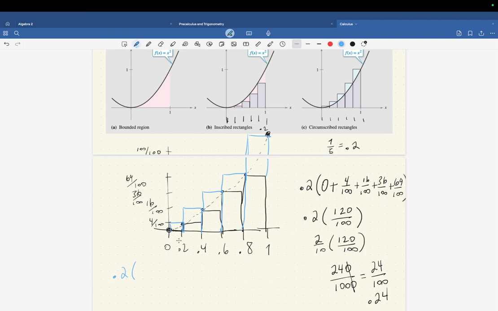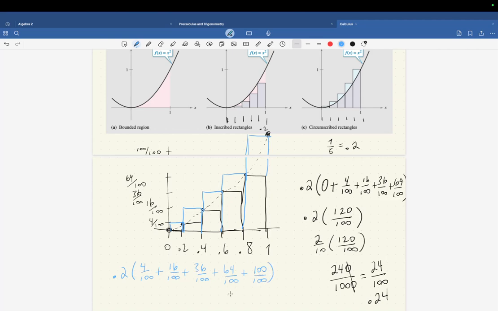So the first one, we use the right-hand side. So that's 0.2 squared. That's 4 over 100 plus 16 over 100 plus 36 over 100 plus 64 over 100 plus 100 over 100, or 1 whole.